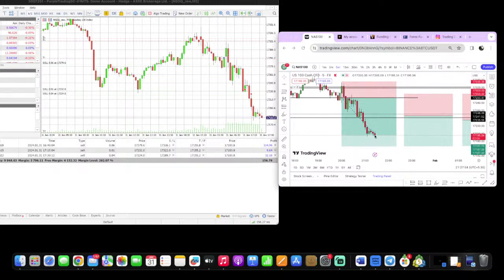If it breaks this level, then very fast it will hit the target. But it is holding this zone, right? Maybe we can get a double bottom here. All things are possible. Maybe it directly shoots down and hit our target.